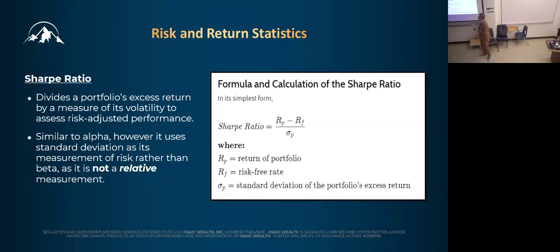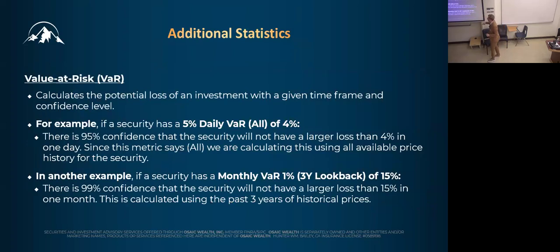But if I just want to see a fund on its own, like a fixed income fund or something, I say, okay, for the level of volatility that it took on, regardless of whatever else is happening, how much extra return did I get? Or was it not any extra? Was it less? So it's similar to alpha, but it uses standard deviation as a measurement of risk, and it's not relative. So we don't need a benchmark for this.